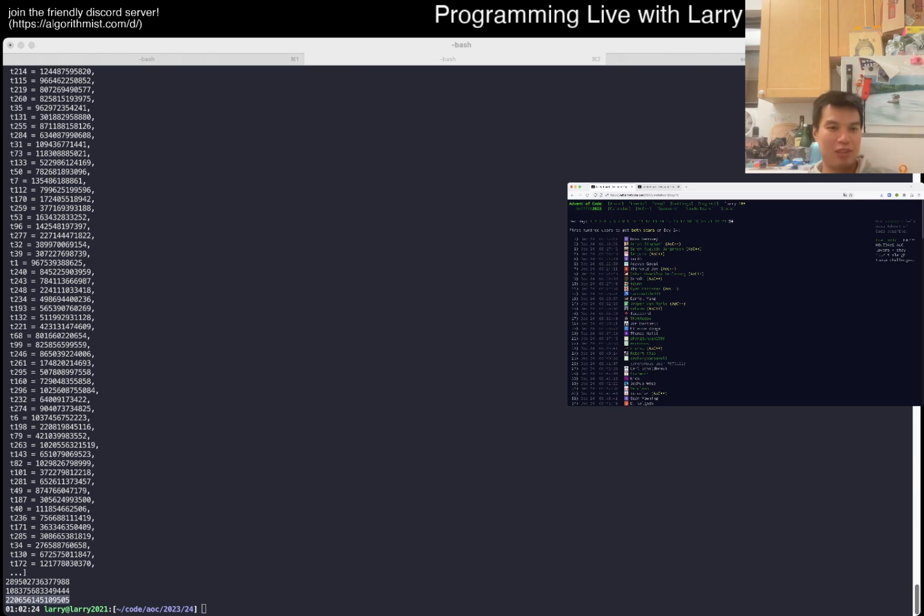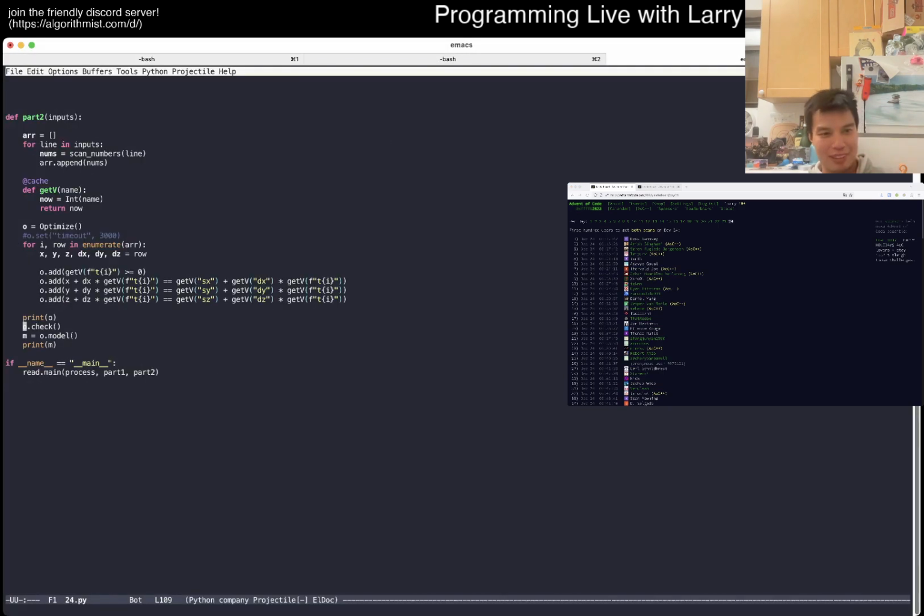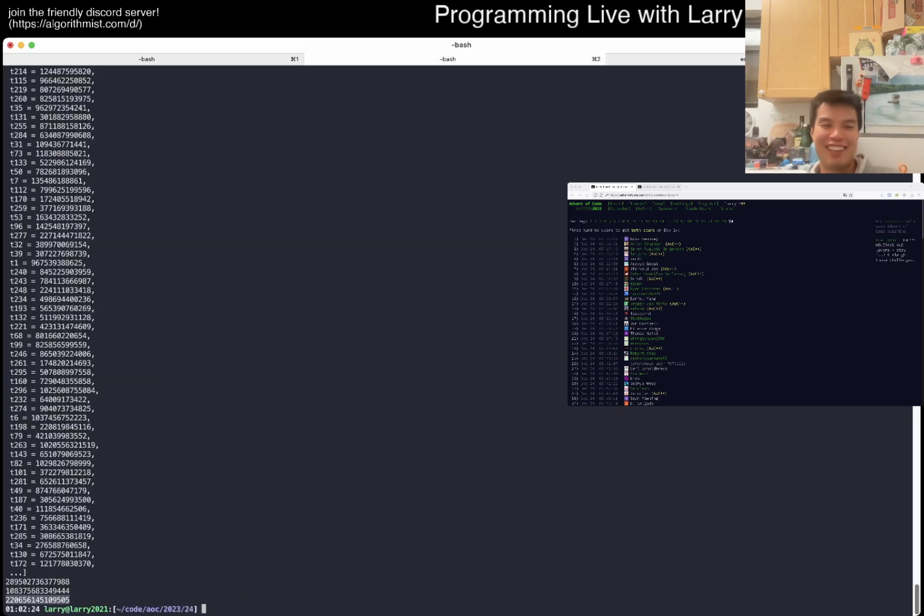I had it written out for so long. I don't even know how long I had it, but noob. I didn't know that. I didn't realize that optimizer and solver actually had different runtimes. I mean, today I learned because I haven't used this. I only use this in Advent of Code.